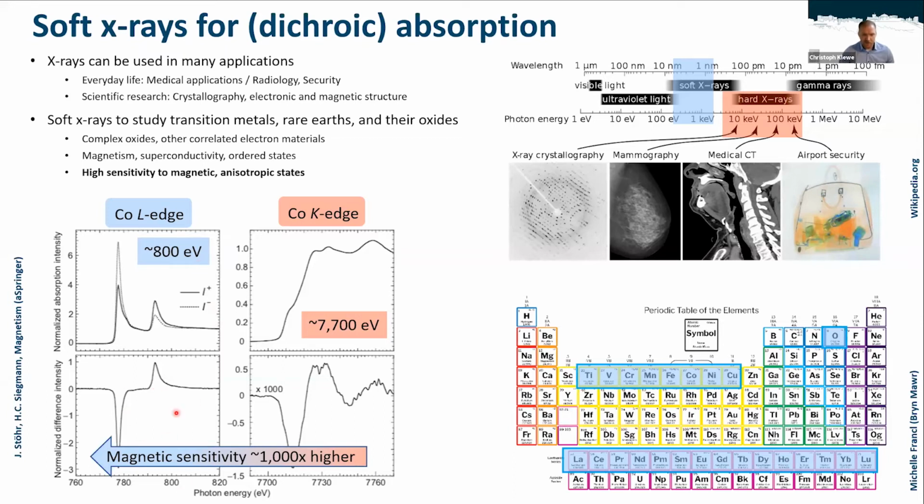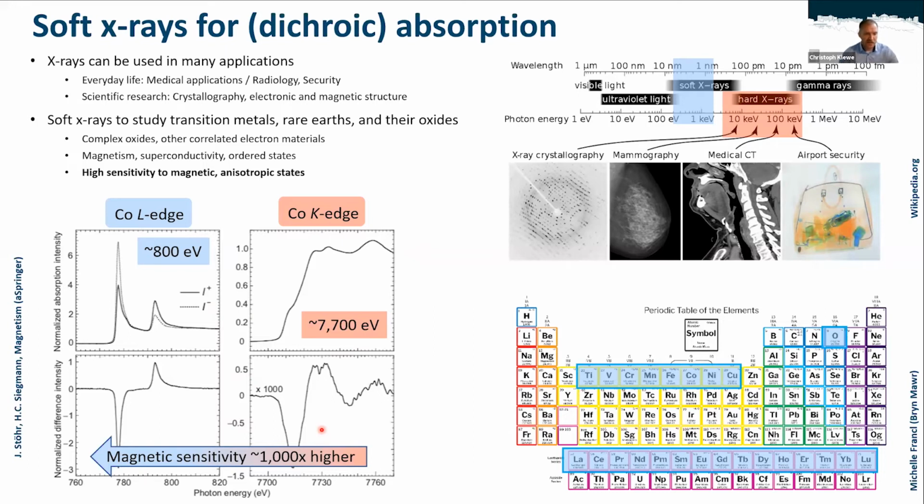And we get a very pronounced magnetic signal from the XMCD. And on the right-hand side, we see spectra from the K edge of cobalt in the hard X-ray range. And we see that the magnetic signal in this case is significantly smaller. So we see that the magnetic sensitivity of the soft X-rays is higher by a factor of about 1,000 in the soft X-ray region.